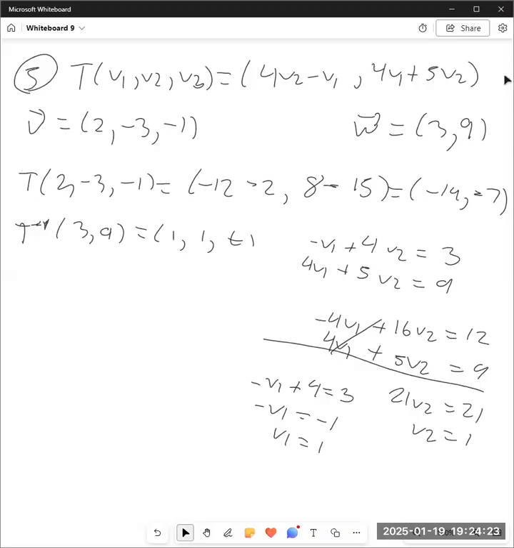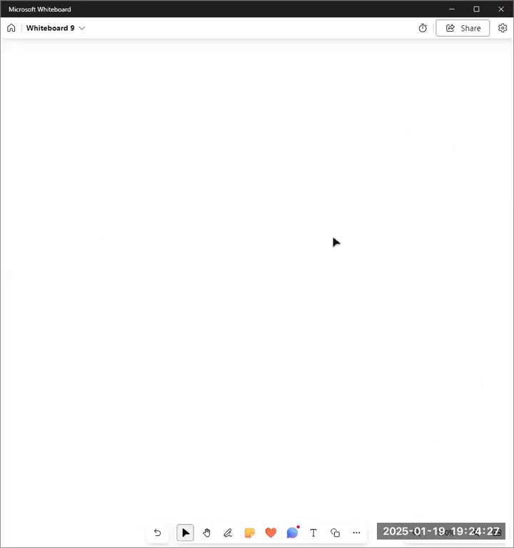All right, let's look at number 7. Number 7 says that we want a linear transformation of two-dimensional vector v1, v2. It's got some square roots and stuff in it.